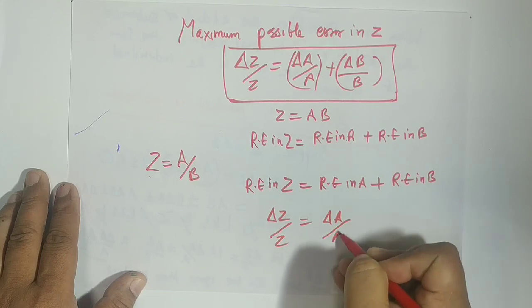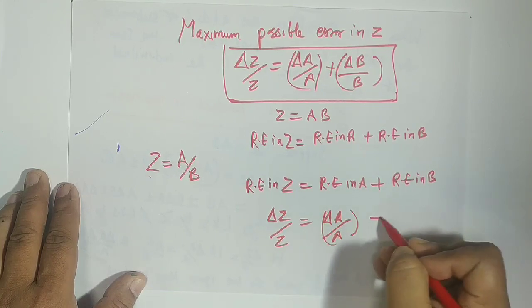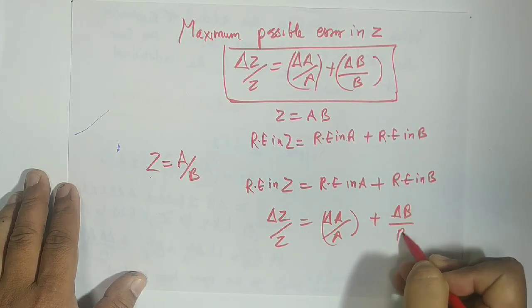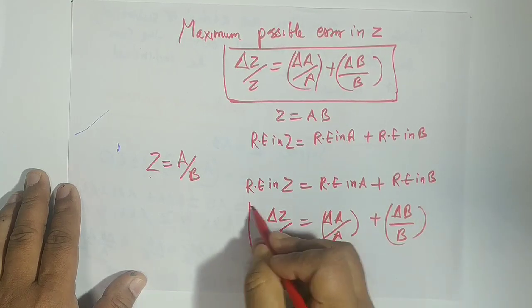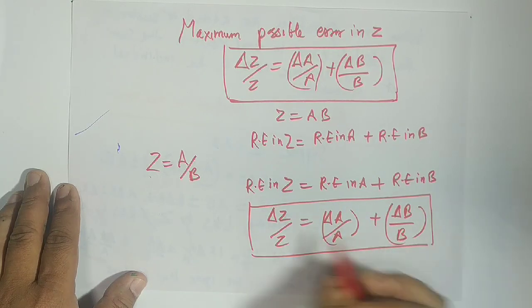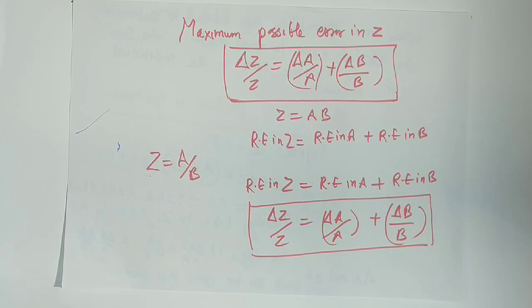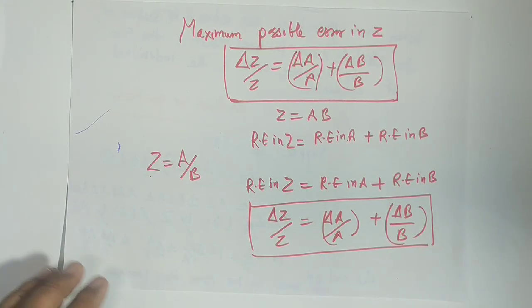Though you can do the proof of it also, I am writing the same thing here for the division also. That means division and product have the same way of dealing with the error.